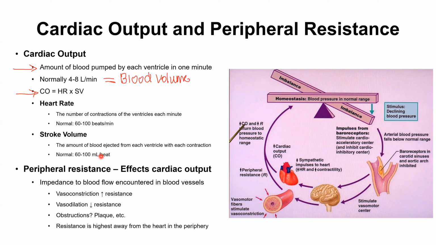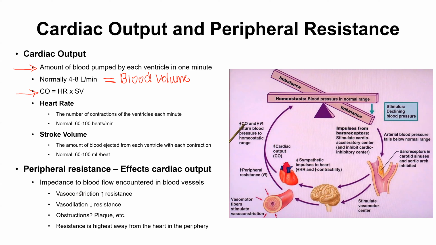Peripheral resistance, as we know, affects blood pressure because I said it in the last slide. But basically, this is the impedance to blood flow that is encountered by the blood vessels themselves. Remember I said it has to do with diameter, is one possible way to think about it. So for example, vasoconstricting basically means the blood vessels are getting more narrow.